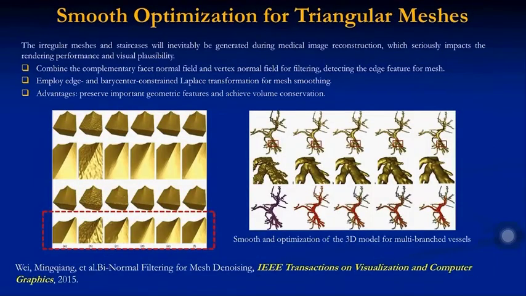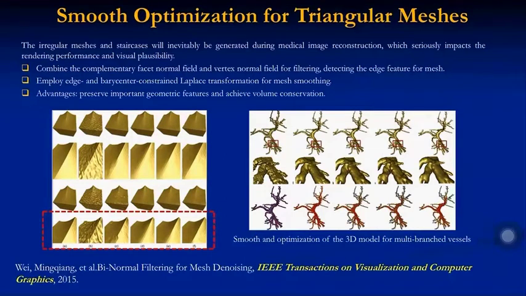And in terms of rendering, during the simulation, the irregular meshes and staircase will inevitably be generated during medical image reconstructions that will seriously impact the rendering performance and visual quality. So we combine the complementary facet normal field and vertex normal field for filtering in order to detect the edge features for meshes.